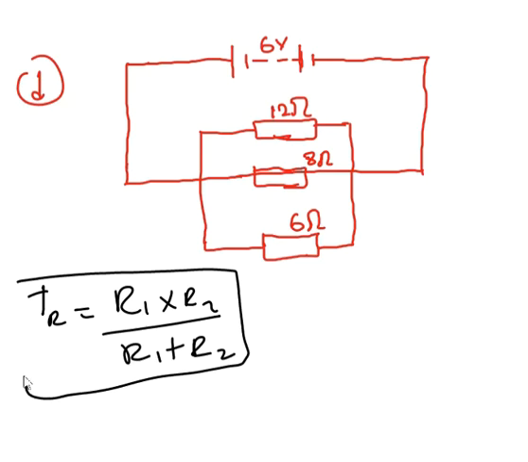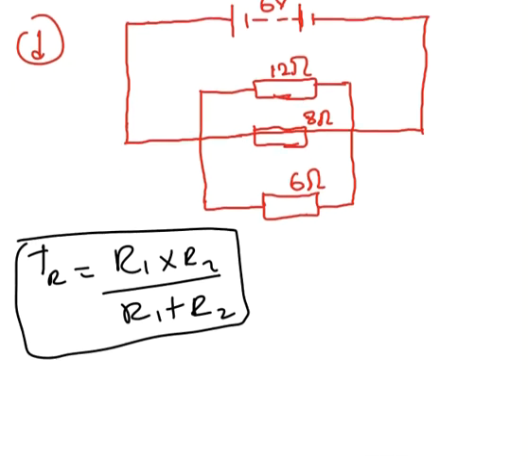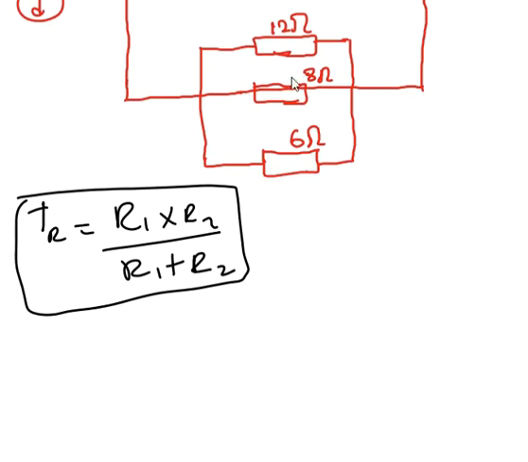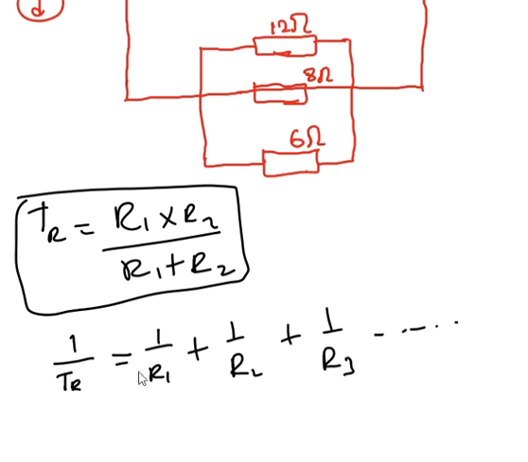Iyi timagwiritsa ntchito ngati atipatsa ma resistors awiri omwe ali mu parallel. So ngati afunsa chonchi timagwiritsa ntchito this formula: 1 over total resistance is equal to 1 over resistor 1 plus 1 over resistor 2 plus 1 over resistor 3.